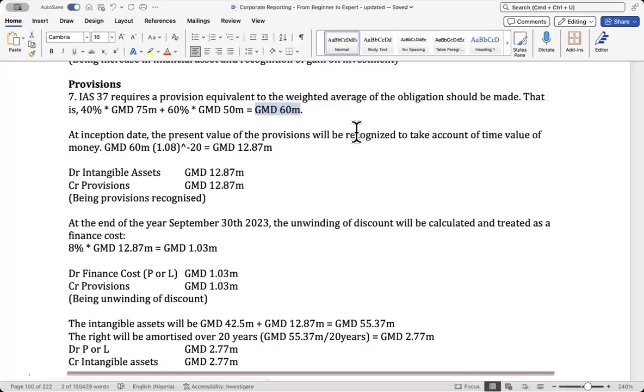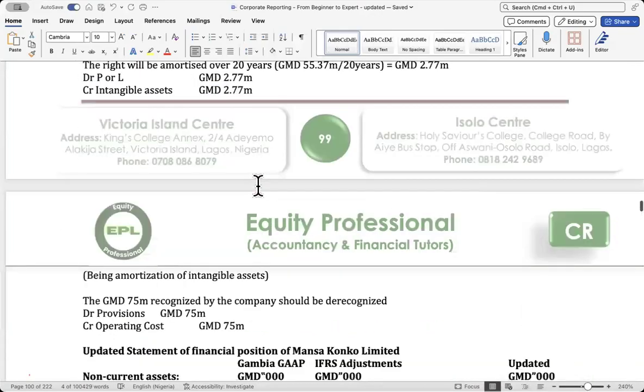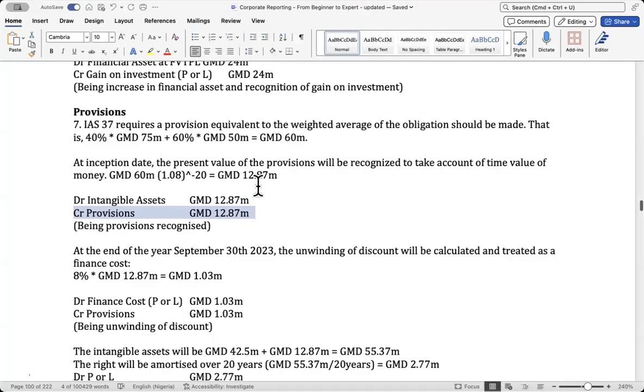Since this is a future cost, we discount it, and they have given us a pre-tax discount rate of 8%. So 60 million times 1.08 raised to the power of minus 20, for 20 years. If you punch your calculator, it gives 12.87 million. It is this that we debit to intangible assets and credit to provisions.